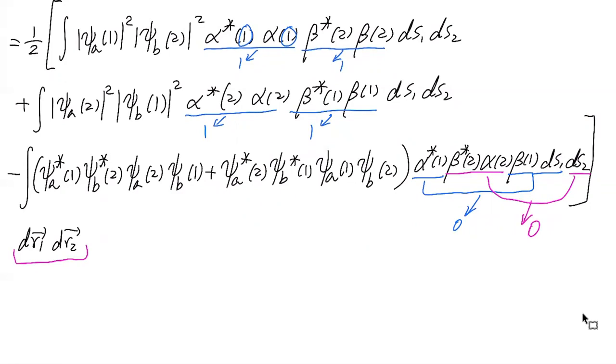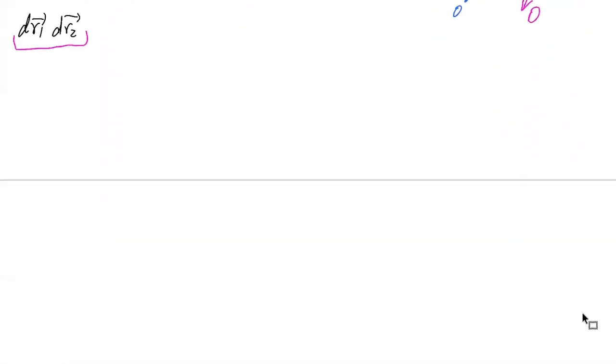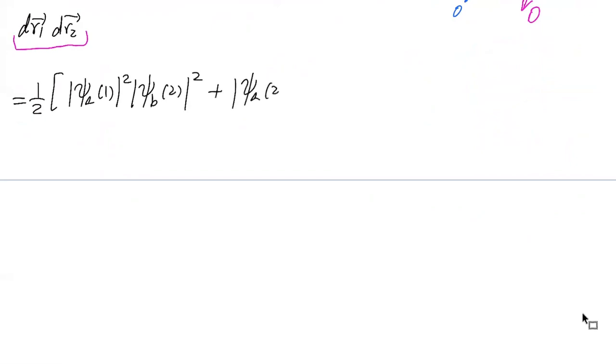So in the end, you simply have 1/2 psi A 1 squared psi B 2 squared plus psi A 2 squared psi B 1 squared. That's it.